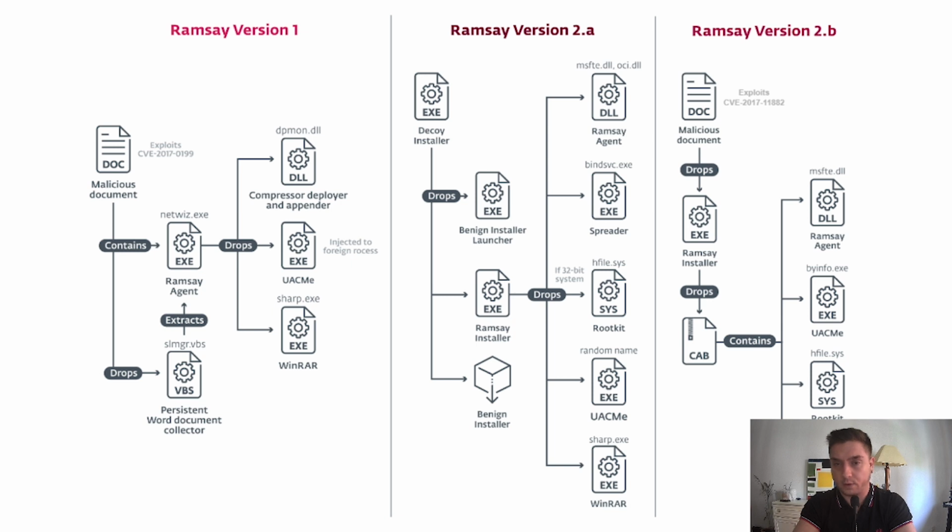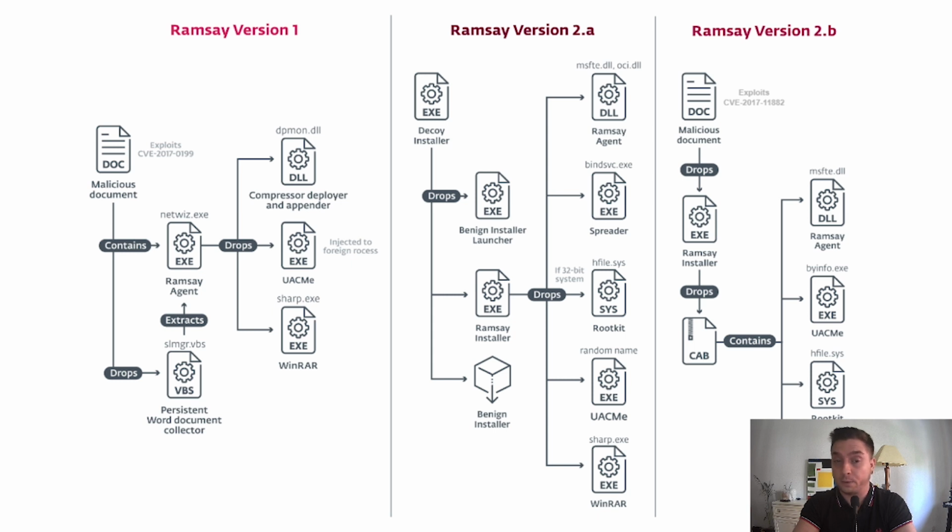There is one thing that can be spotted straight away between Ramsay version 1 and Ramsay version 2: there is always a rootkit component leveraged in version 2.